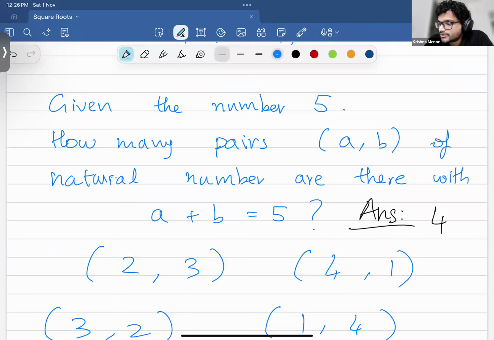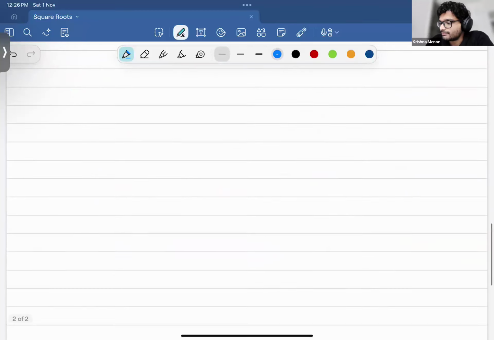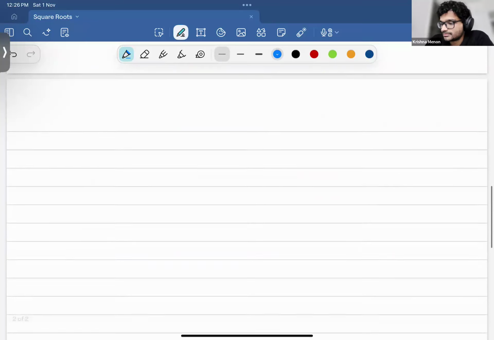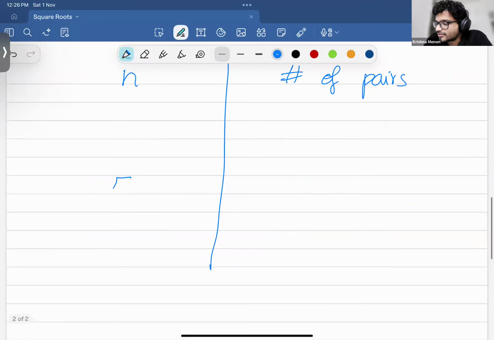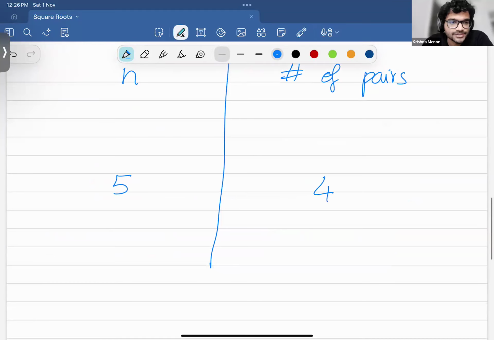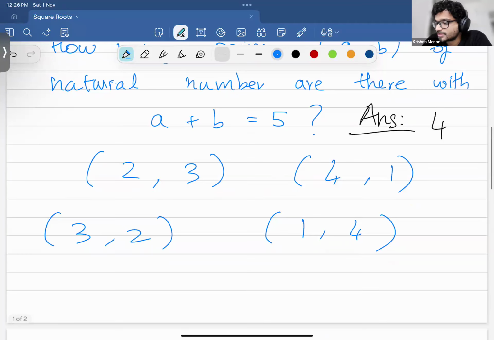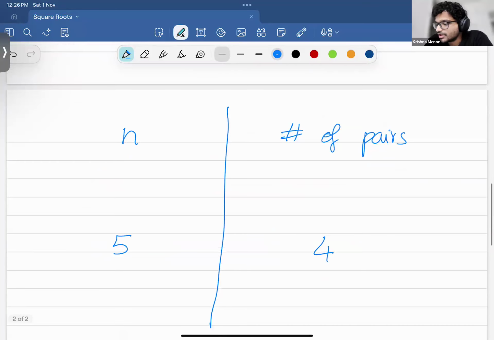Let us start making a table of this. So n is the number that I'm going to be picking, and then the number of pairs. What we have got at least is that for 5, there are 4 pairs, which nobody has a disagreement with. But now I want you to fill up the rest of this table.